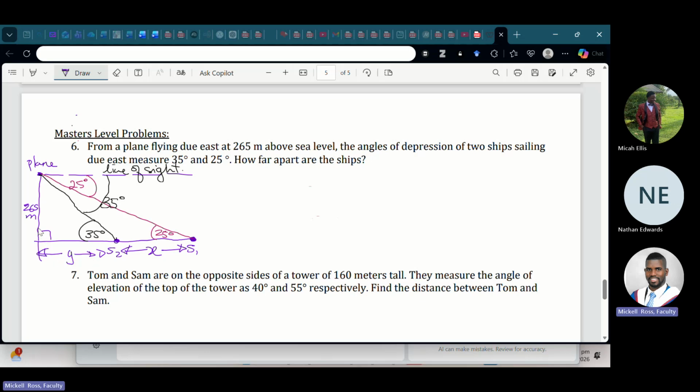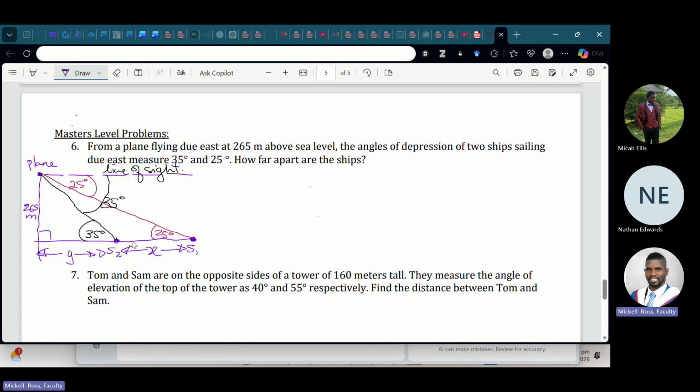So the distance from a point directly below the plane to ship 2, I'm going to call that distance y. And the distance between the two ships, I'm going to call x.